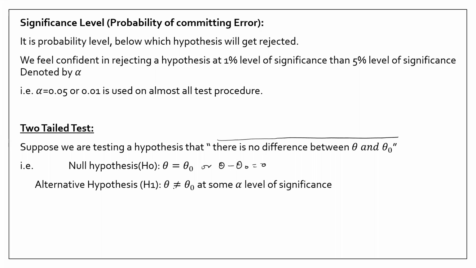It means your theta is not equal to theta naught at some alpha level of significance. This alpha level of significance will be 5% or 1%. Majority of the time, we only work with 5% and 1% level of significance. We will not work with any more than that. You use any statistical tool.